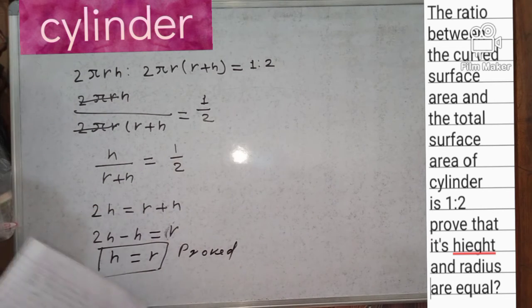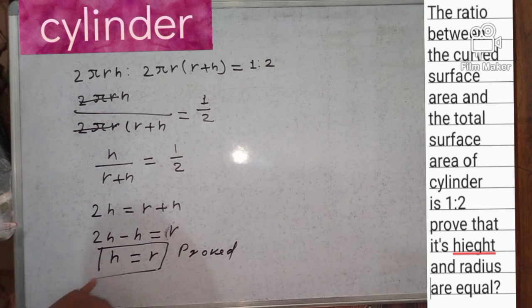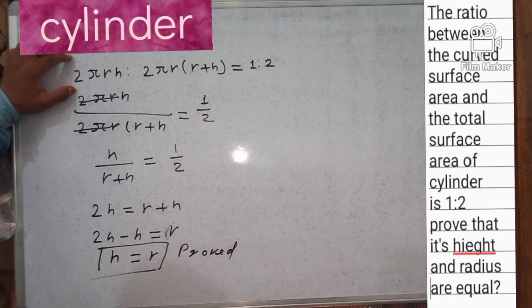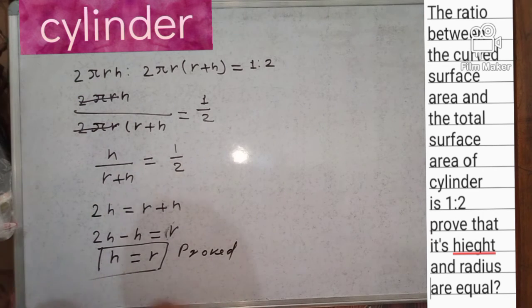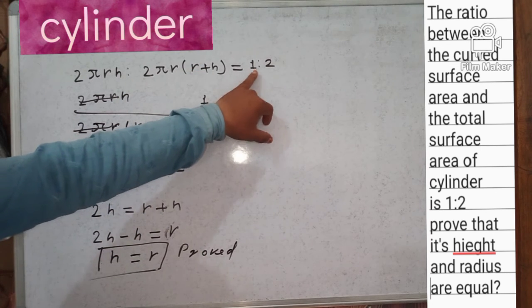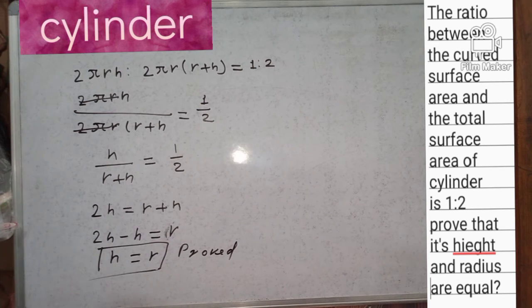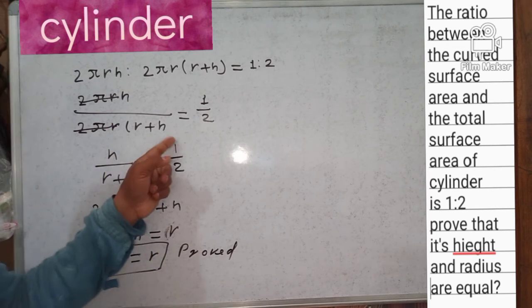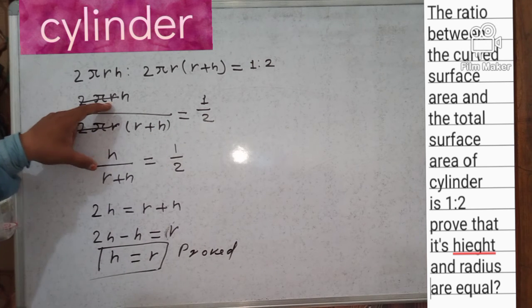Now once again, our target is to prove h is equal to r. So we now write the curved surface area formula is 2 pi r h and the total surface area formula is 2 pi r into r plus h, and the given ratio is 1:2. Now ratio means divide. So 2 pi r h divided by 2 pi r into r plus h, right? So 2 pi r and 2 pi r get cancelled.